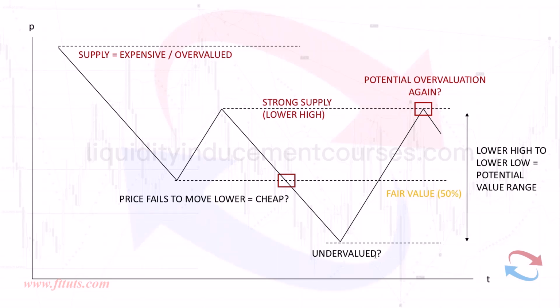And again, between an undervalued or cheap area, and an overvalued or expensive area, we have a value range. When markets go in a range and they're no longer making higher highs and higher lows, and they're chopping, it's because buyers and sellers are in agreement on the valuation and what they're prepared to pay for an asset or assets.